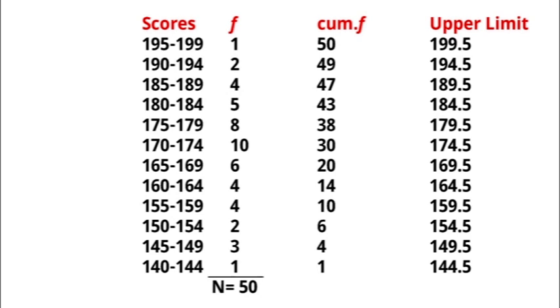One thing more I want to make clear: don't be confused by the symbols, because every book sometimes writes a different symbol. Some people write capital F for cumulative frequency, or we can also write CUMF.